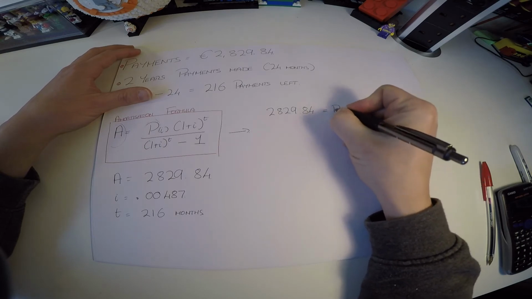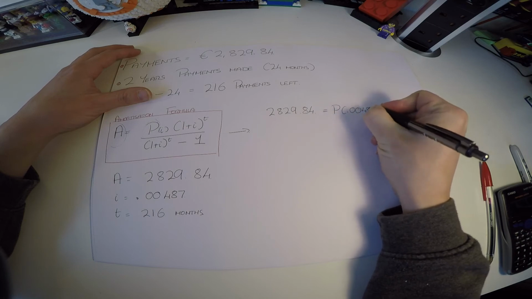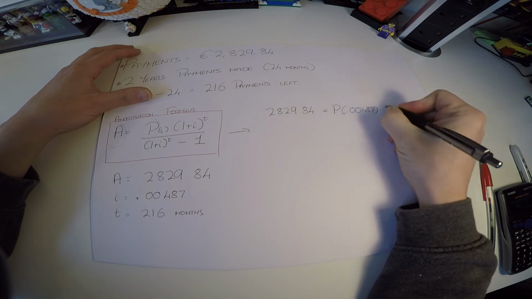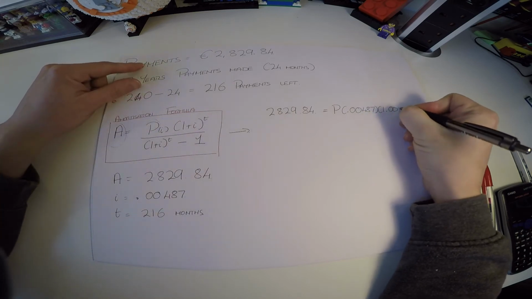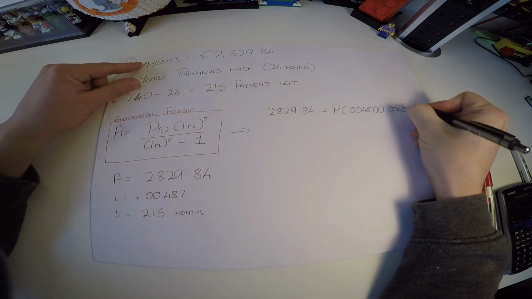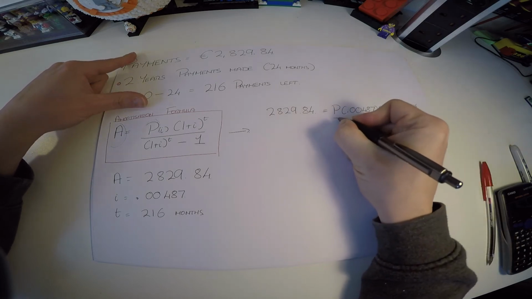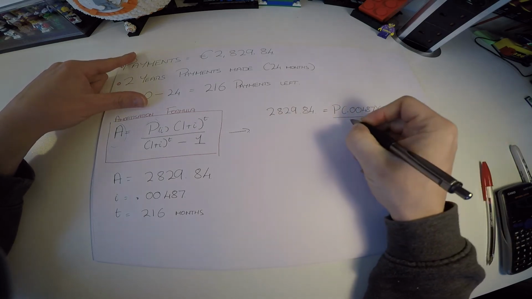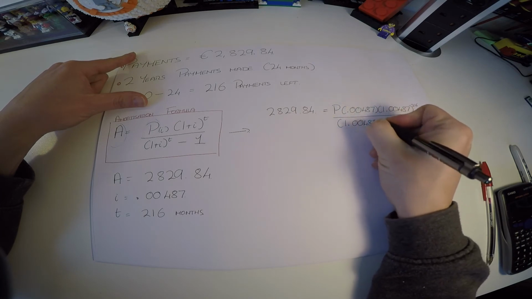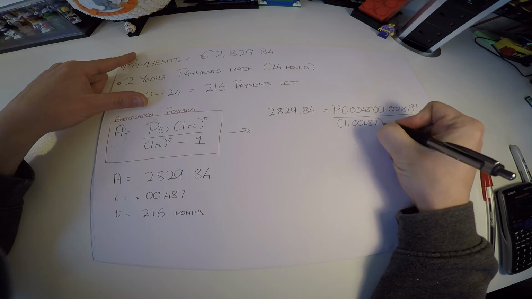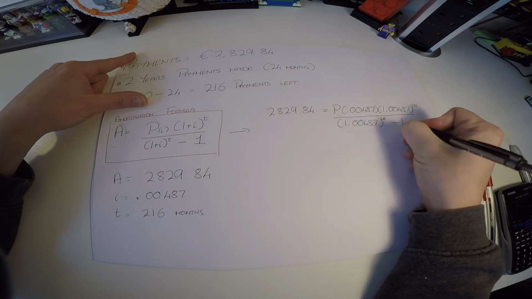So P is what we're looking for this time, and I of 0.00487, and that is then 1 plus that I, which is 1.00487, to the T, which is 216, all divided by this stuff is 1.00487 to the T again, which is going to be 216, and that's going to be minus 1.